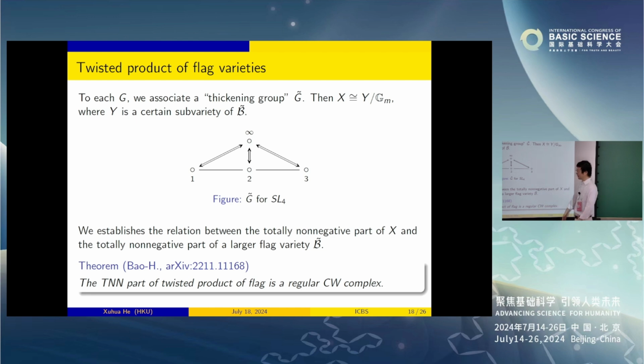Previously we had this for any Kac-Moody group, so now we can understand X. This is a preprint with Huanchen Bao. Even if you start with a reductive group, we now use this cycling technique to change this into a very large Kac-Moody group, so we can actually use the result there. So now we understand the totally non-negative part of the twisted product of the flag variety, and we know this is always a regular CW complex.